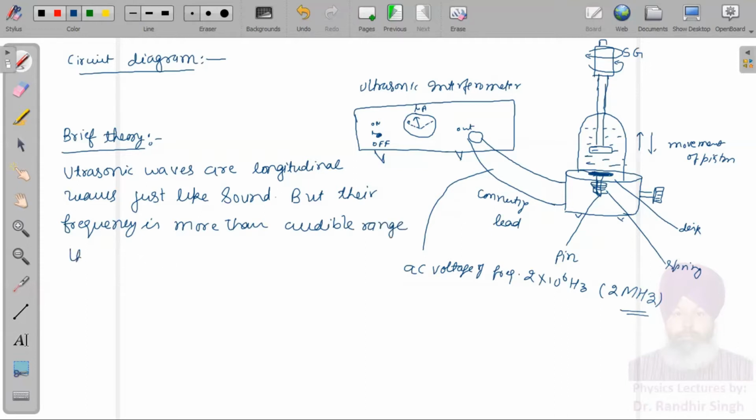That is 20 kilohertz. So whenever sound waves have frequency more than 20 kilohertz, these sound waves are called ultrasonic waves. So ultrasonic waves are nothing more than sound waves, but we cannot hear them because their frequency is more than what human ear can recognize.